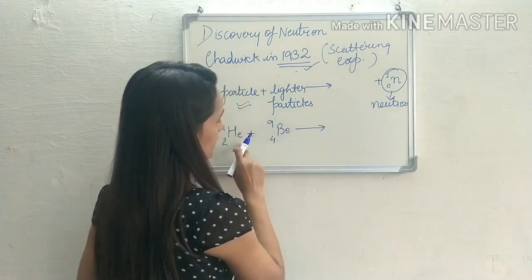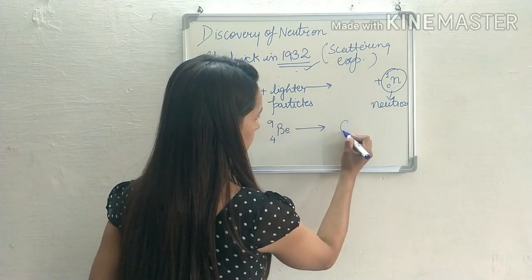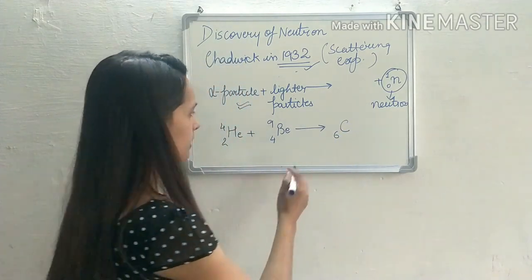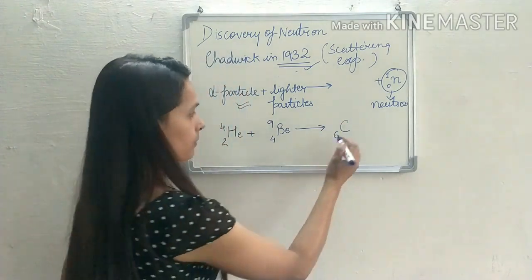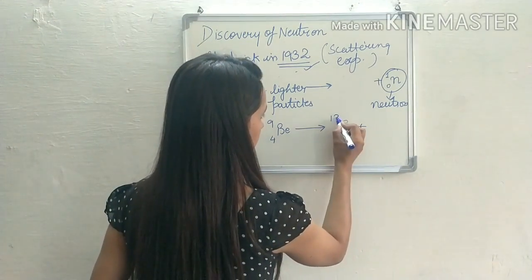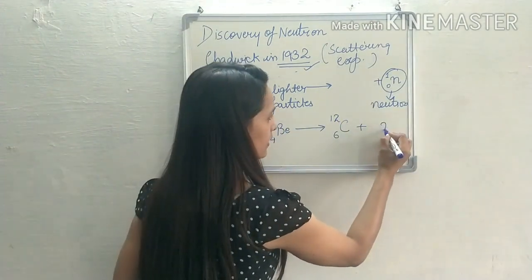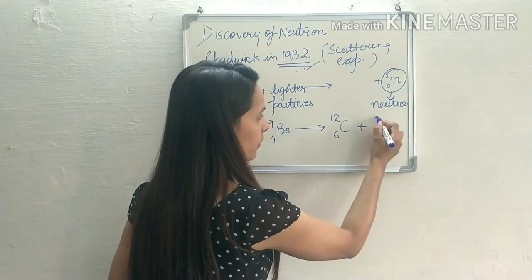When alpha particle is bombarded with beryllium, it gets converted into carbon whose atomic number is 6, but the mass, what does the mass come to? Here the mass comes 12. 9 plus 4, what's the value? 13. So here one particle is released which has no charge but has a mass 1.